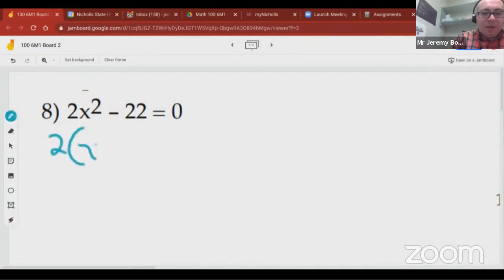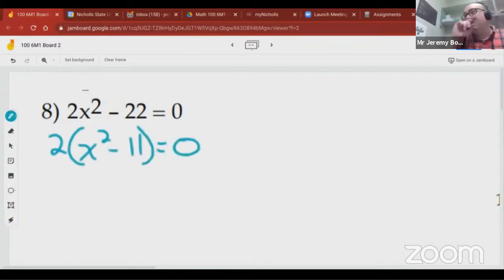What's left is x squared minus 11 is equal to 0. So it's 2 times x squared minus 11 is equal to 0, and the zero product property tells me that either this or this is equal to 0. I know that 2 can't equal 0, so I can say x squared minus 11 is equal to 0.